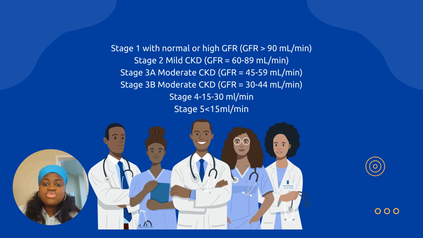Stage 3 is broken into two sections, A and B. Stage 3A is moderate chronic kidney disease, and the GFR is 45 to 59 ml per minute. Stage 3B, moderate CKD, has a GFR of 30 to 44 ml per minute. Stage 4 is 15 to 29, and stage 5 is less than 15.